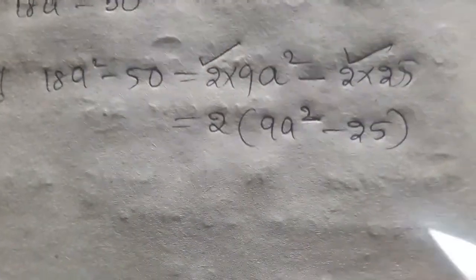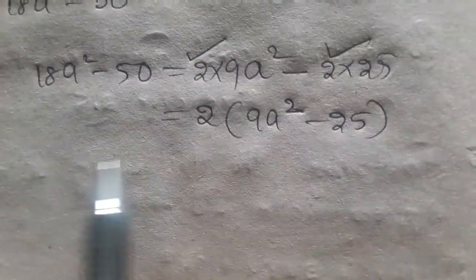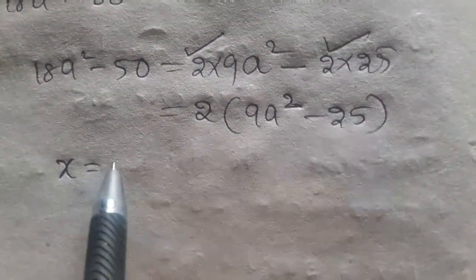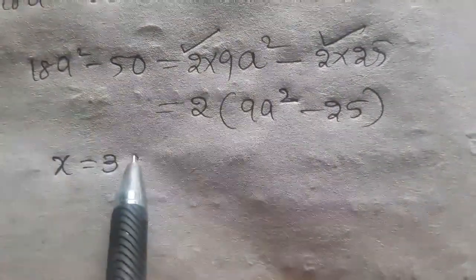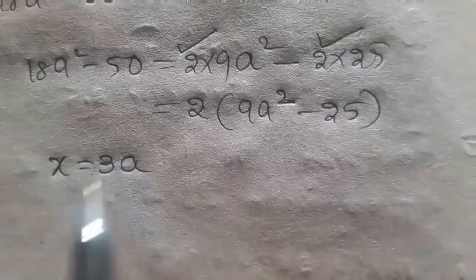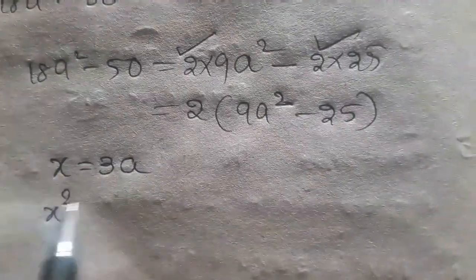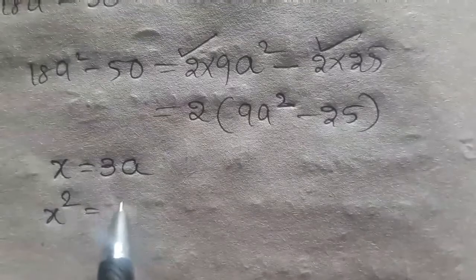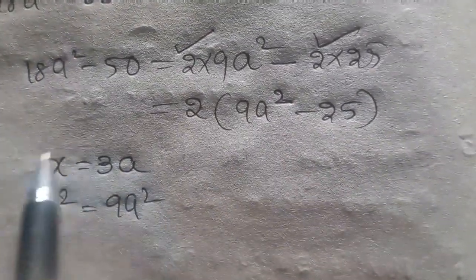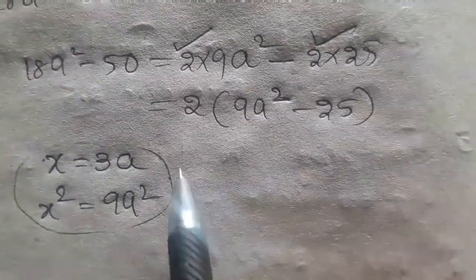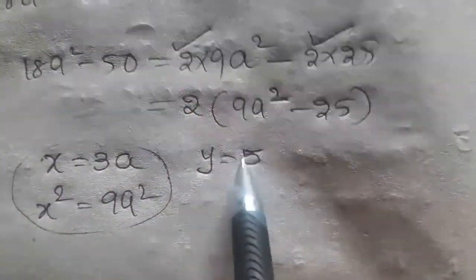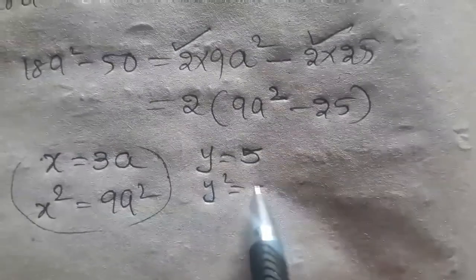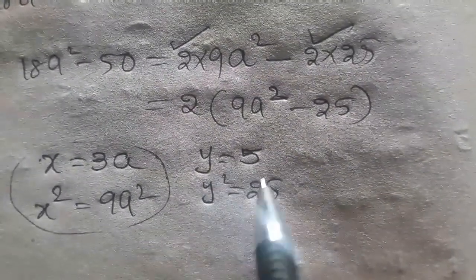Once again see here, assume x equals to 3a, isn't it? Next, x square is what? x square is equals to 9a square. Are you understood this point? Yes. Now assume y equals to 5. Now y square is equals to 25. Are you understood this point?